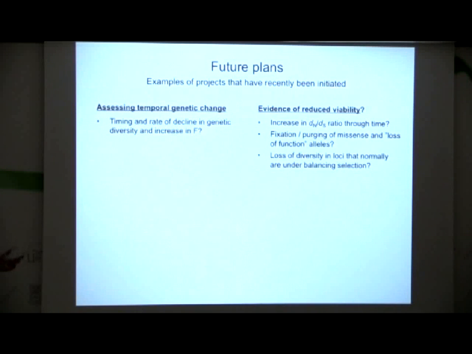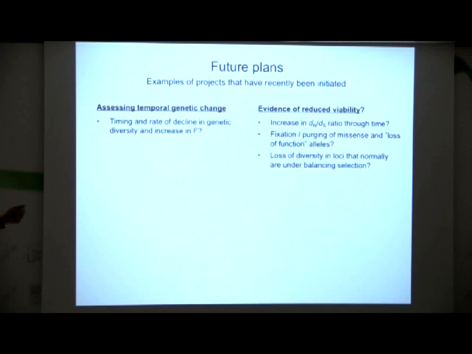And it looks like MHC diversity is actually lost in the mammoths on Wrangel as well compared to the ancestral population. Not by much, but it's lost at about 20 to 30%, so the same rate as we find across the genome in general and also in previous studies using microsatellites.